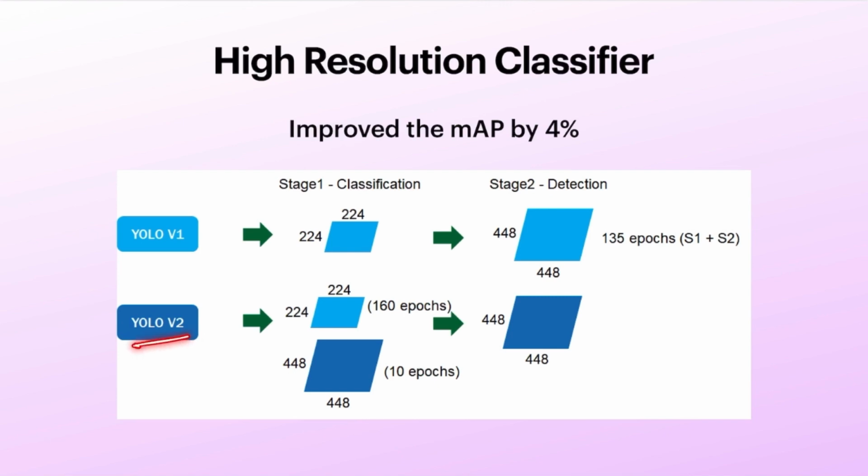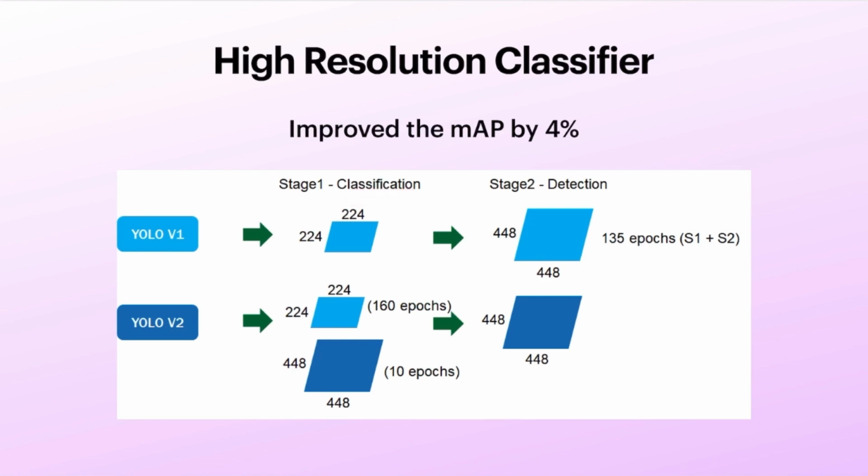Now in YOLO version 2, after they trained on the ImageNet dataset at 224 by 224, they fine-tuned the model on the same ImageNet dataset for another 10 epochs with the increased resolution. This is the resolution we are going to use in the object detector. This is still happening on classification.